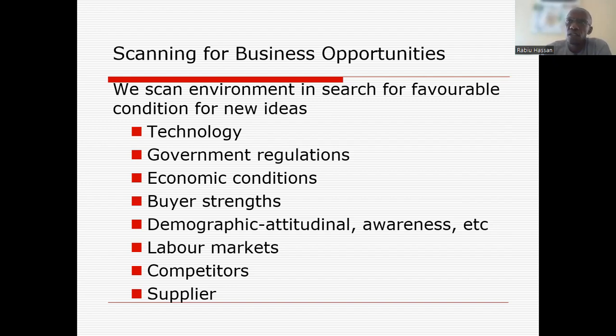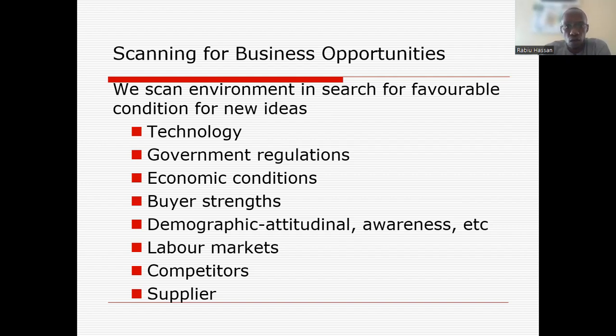So the demographic factors, the age, the sex, the income level, the education level, religion, and what have you, are very important. And the labor market is another factor that you need to consider. Maybe when there is cheap labor and a large supply of workers, that will give you an opportunity to go into a particular kind of business, like a manual kind of business.